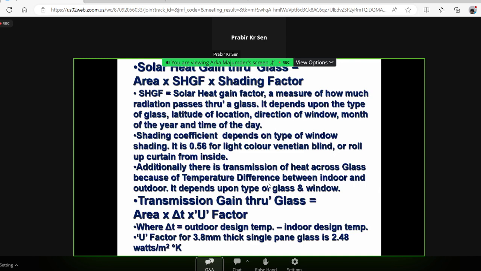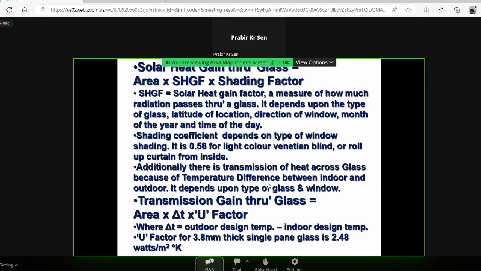Nowadays, for large commercial buildings, we are using very special glasses, which are reflective glasses. People are objecting to reflective glasses nowadays because, although they reflect most of the heat, they create glare. Your outside environment becomes glary, and heat reflected from your building may fall on the adjacent building.